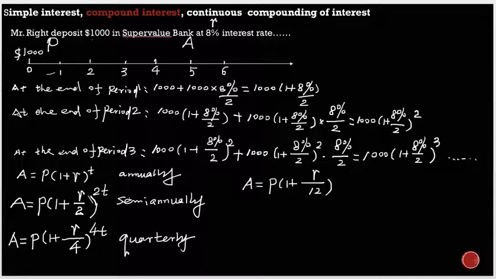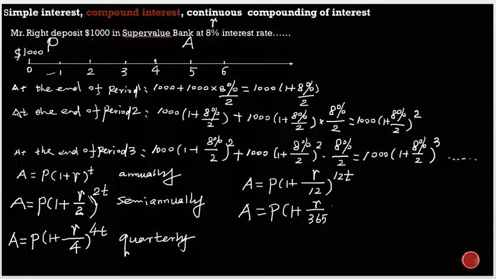T years, how many months in T years? 12 times T. If we compound daily, the formula shall be P, how many days in 1 year? 365.